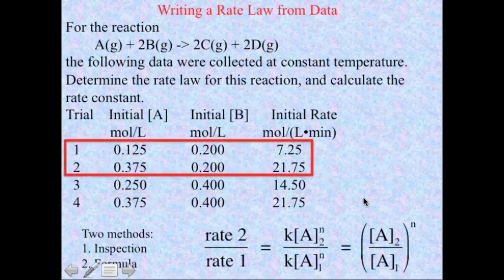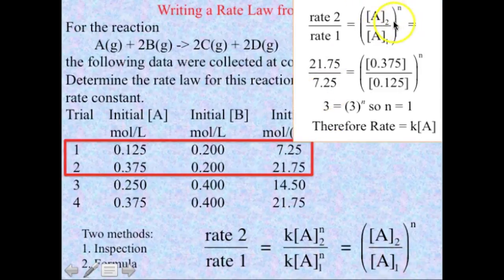The method by formula is to use this formula: rate 2 divided by rate 1 equals the concentration of whatever component you're looking at, to the power n. Let's look at A again. Concentration of A in the second trial divided by the concentration of A in the first trial.